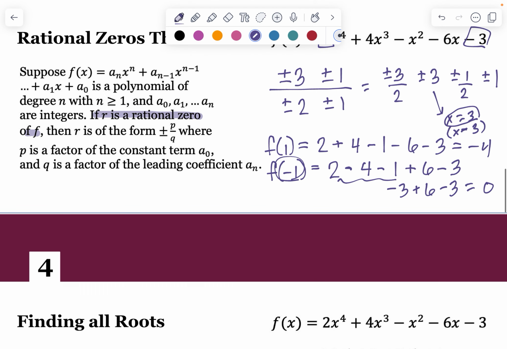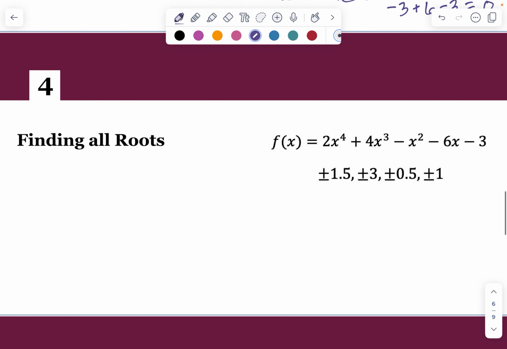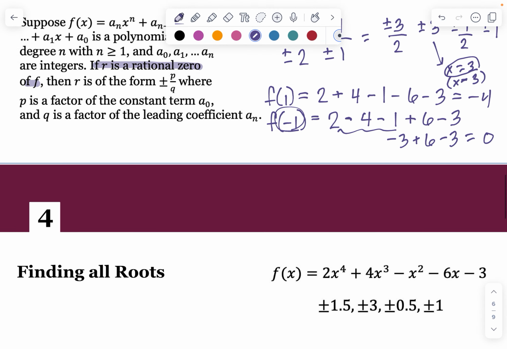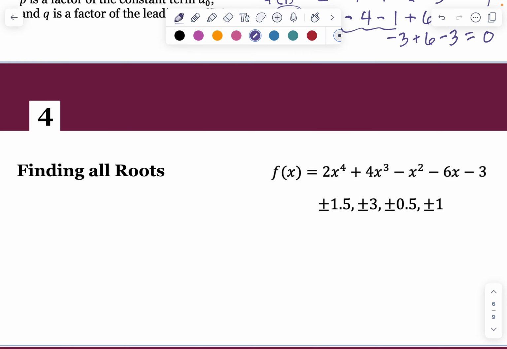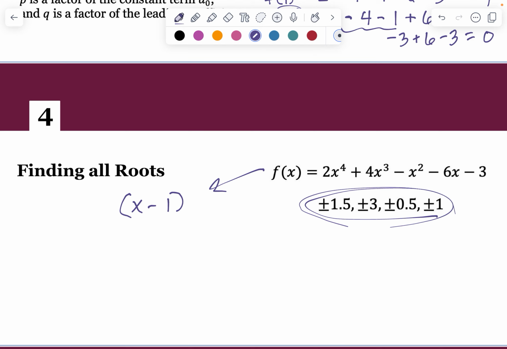Okay, now we're kind of near the end of our time today, so what I want you to do as an assignment, since we've been practicing with synthetic division, is working with our function f of x here. I want you to divide out that root, okay? And then see if there are any more possibilities that we can divide out further. You can continue to use substitution to check some of those. Also keep in mind that just because we've used a number doesn't mean it can't be reused, right?